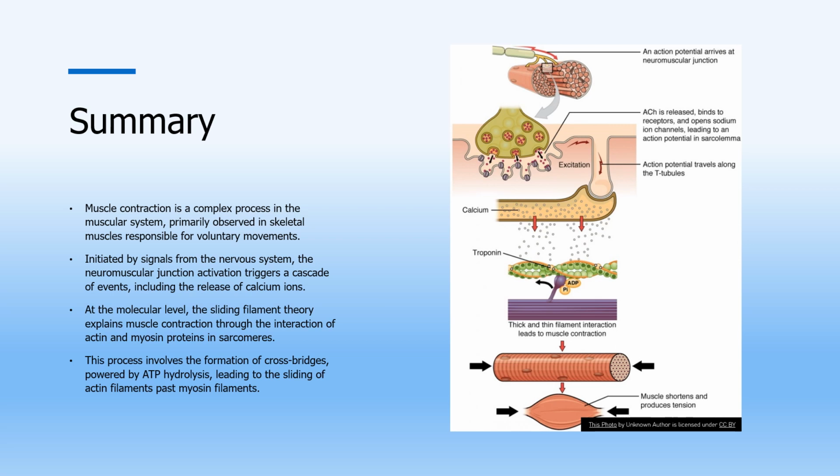Key regulatory elements include tropomyosin and troponin, which modulate the accessibility of myosin binding sites on the actin. Understanding these molecular mechanisms is essential for comprehending the intricacies of skeletal muscle contraction and voluntary movement in the human body.